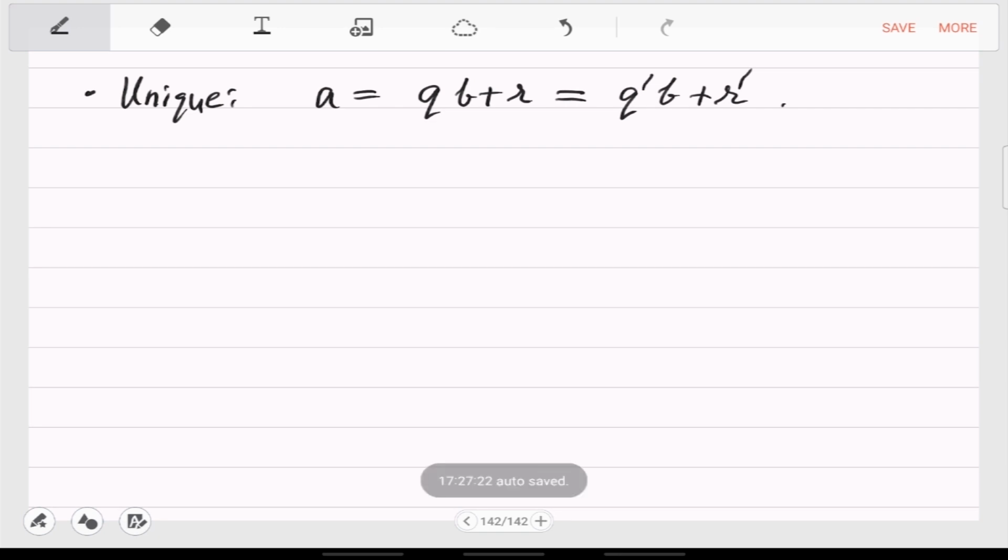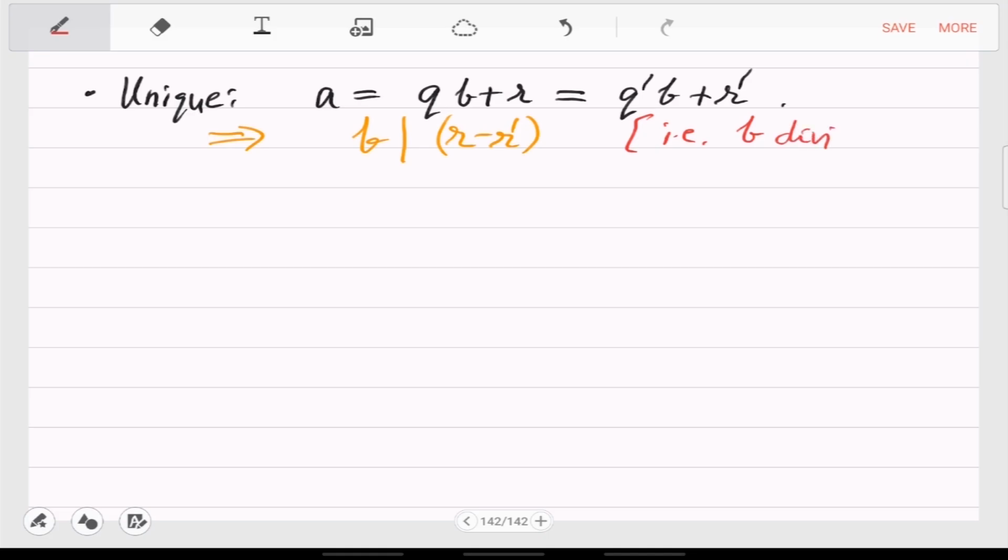Yeah, so this will actually mean that b divides r minus r prime. Let me use the division notation already. It will always mean this, that b divides.